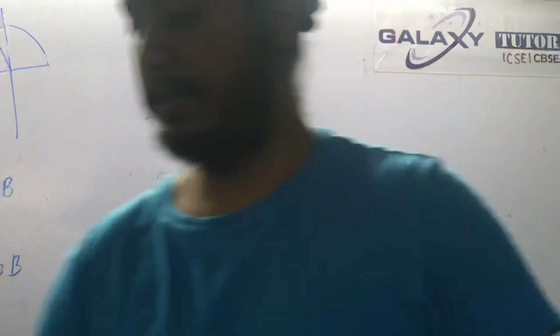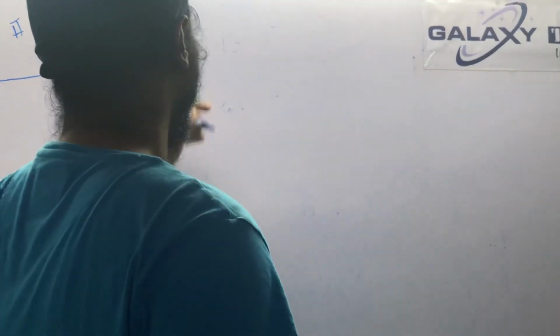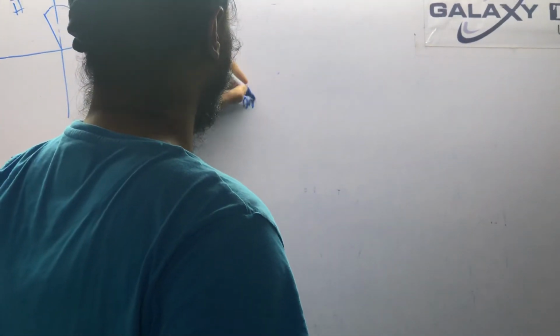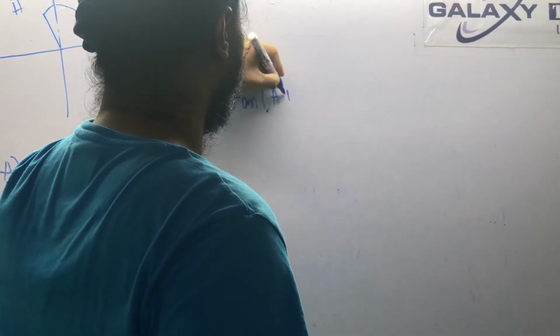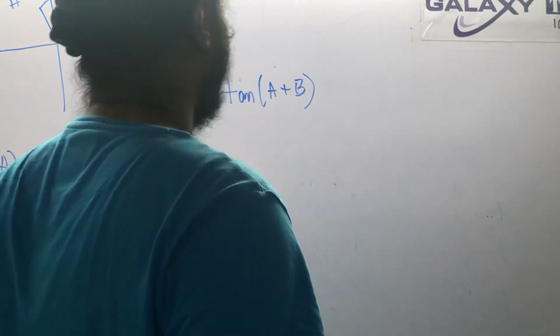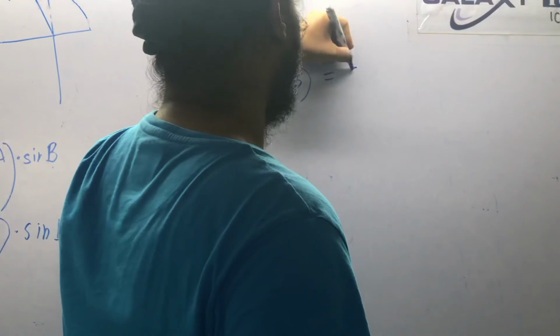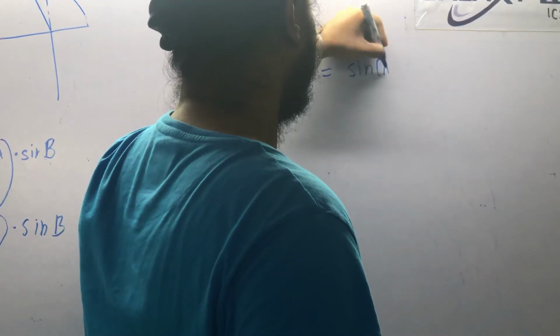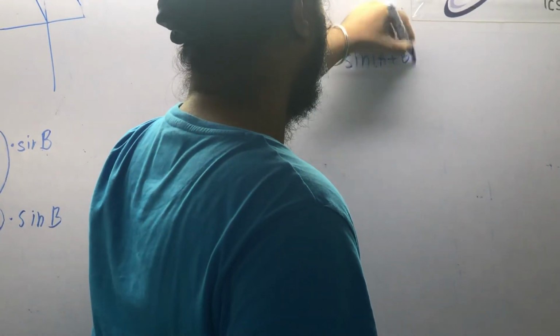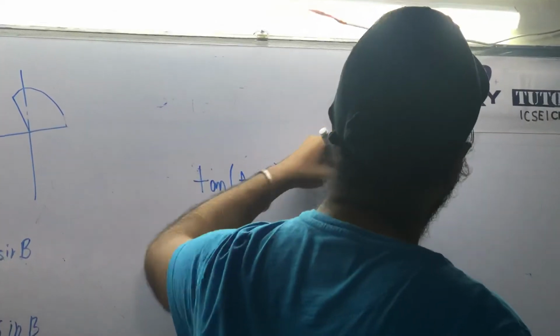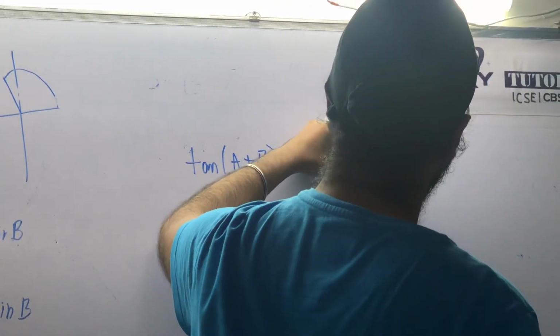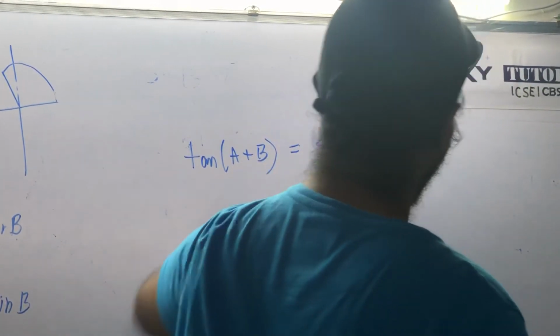So the next formula is tan(A plus B). Okay, tan(A plus B) you can write as sin(A plus B) upon cos(A plus B).